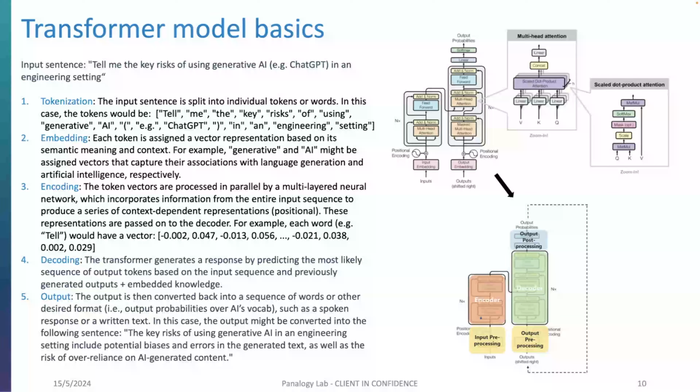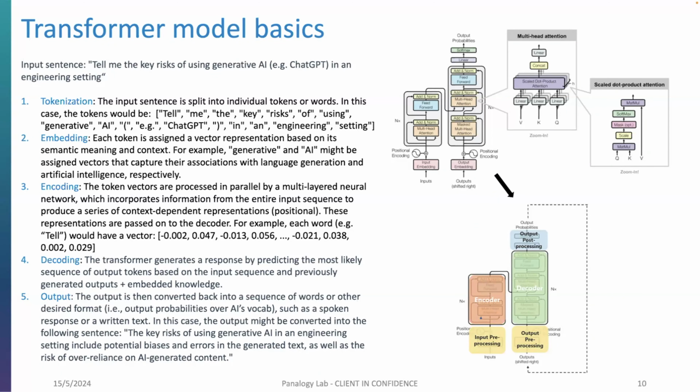I then pass those embedding sets or vectors in parallel through this multi-layered neural net in the encoding stage. It produces this context-dependent positional representation, so that adds the position back in.